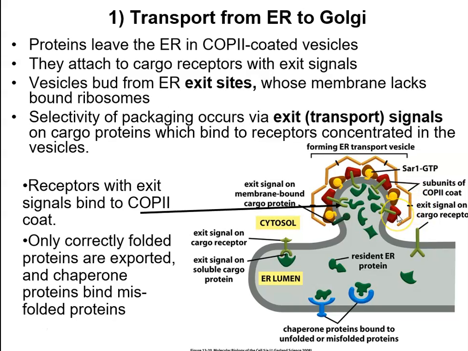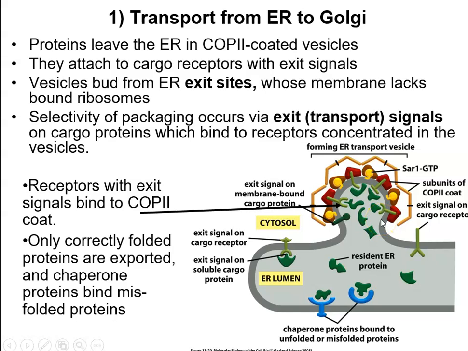COP2 is that vesicle coat that we find on vesicles that are leaving the endoplasmic reticulum and heading to the Golgi. So we get a congregation of proteins for export at these exit sites, where we'll get a congregation of receptors, which will also recruit in quite a lot of COP2. Then we'll get budding of this vesicle, and that will go off to the Golgi.